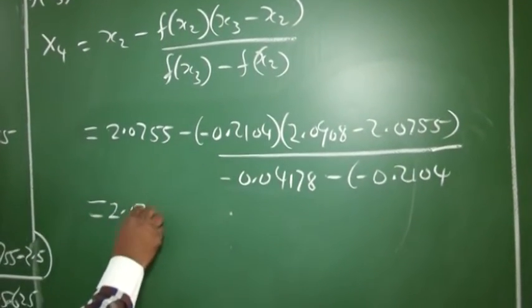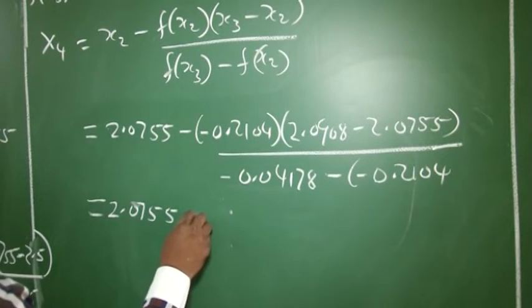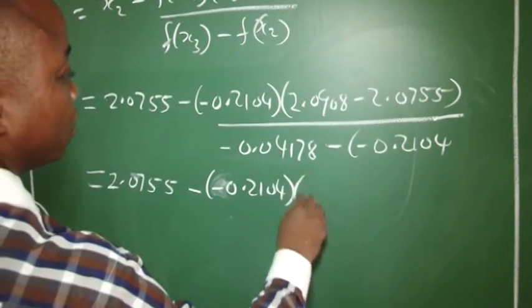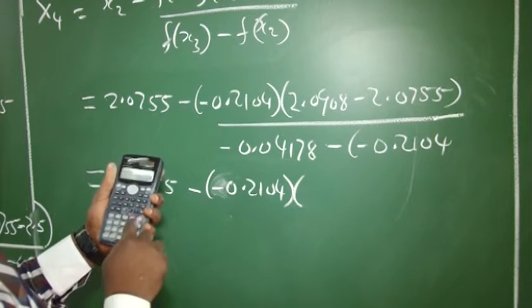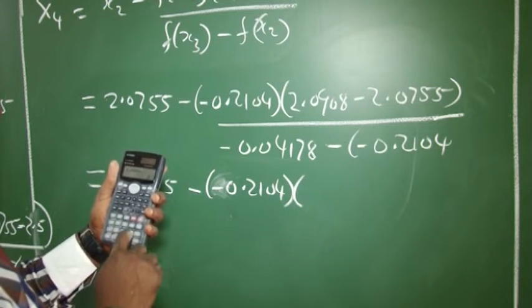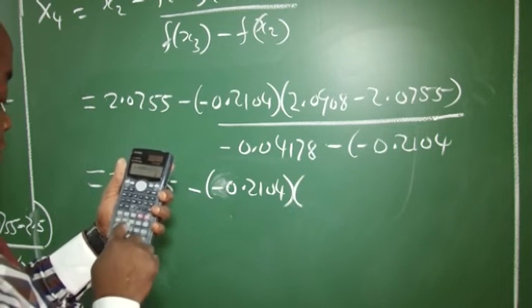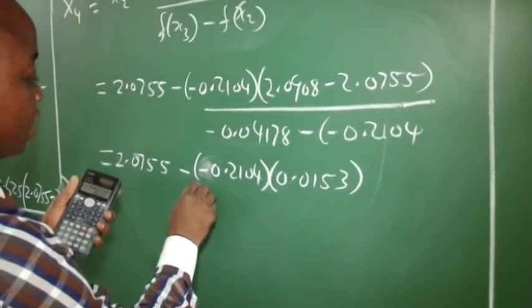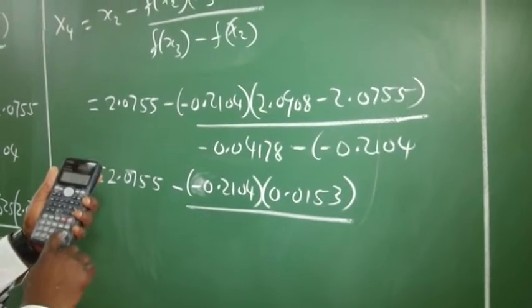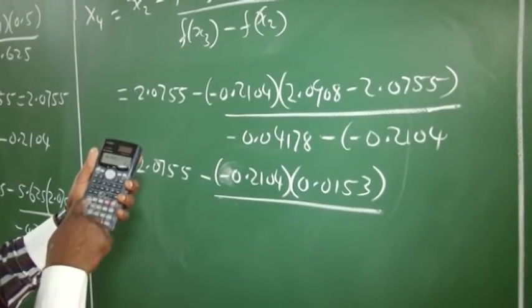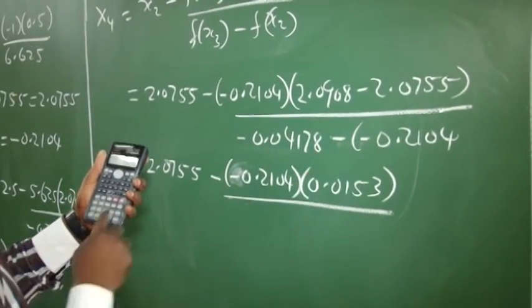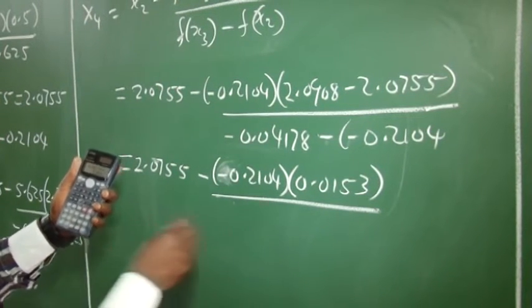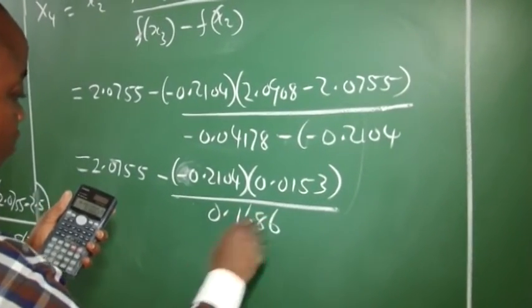So this gives us 2.0908 minus 2.0755. That gives us 0.0153 over, now this is minus 0.04178 plus because of this 0.2104. That gives us 0.168862.